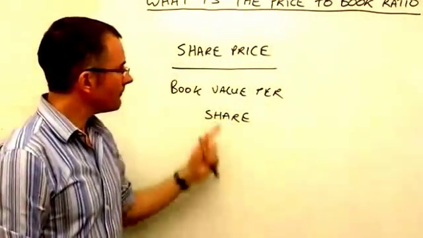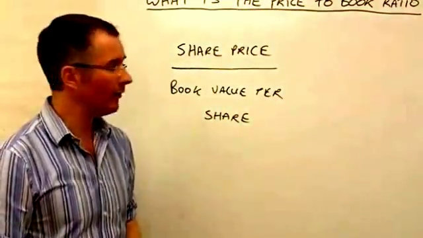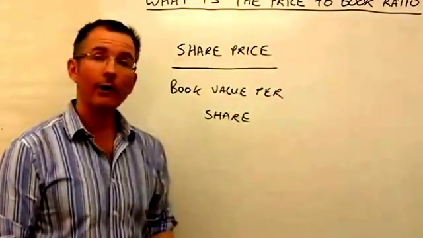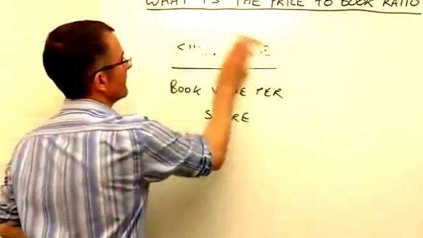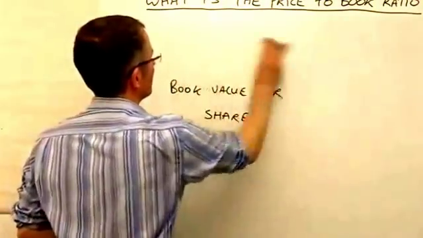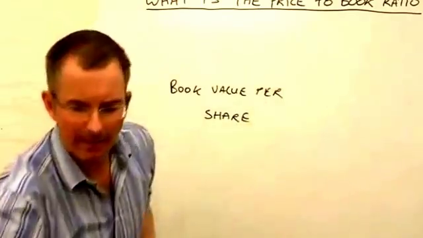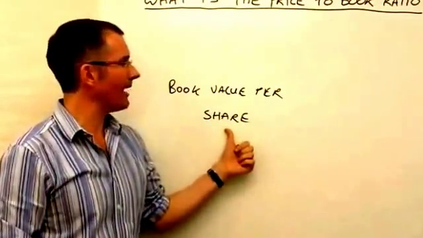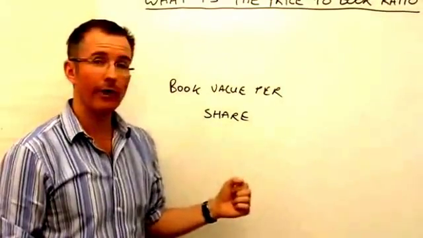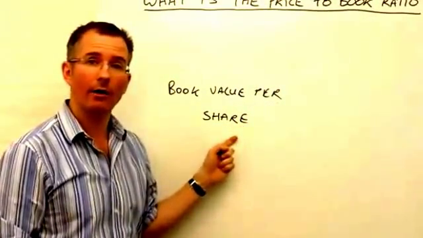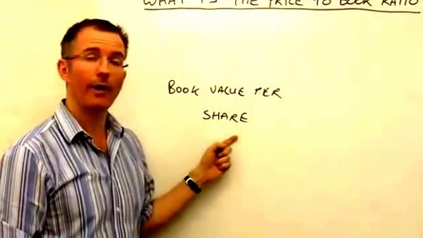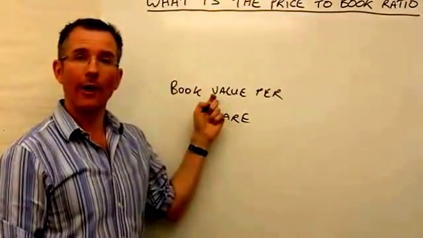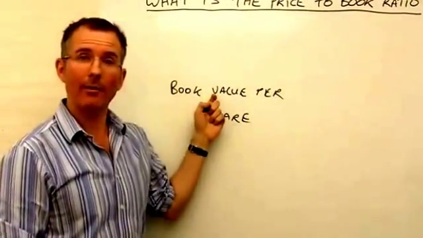Okay, so how does this work? Well, what I could do is I can actually ask this question for Tesco. Let's worry about the bottom half of the formula first of all. What is the book value per share? What does that mean? Well, it suggests I need to know how many shares there are, for starters, how many shares has Tesco issued, and I need some sort of balance sheet total for Tesco's assets minus its liabilities.